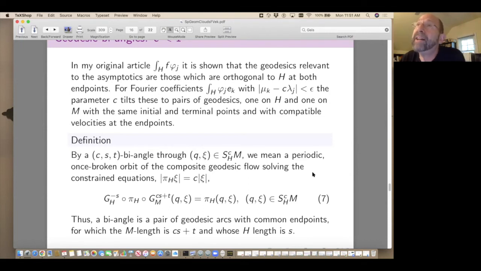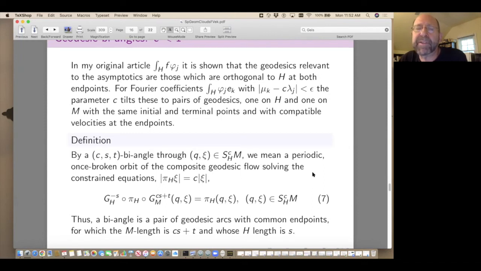Well, what would you expect if you didn't take the 0th Fourier coefficient, but you took a coefficient between, the Fourier coefficient n is almost like c times lambda, where lambda is a big number. Then instead of getting geodesics which are orthogonal to H, they start tilting, and you get geodesics which make a certain angle with respect to H.